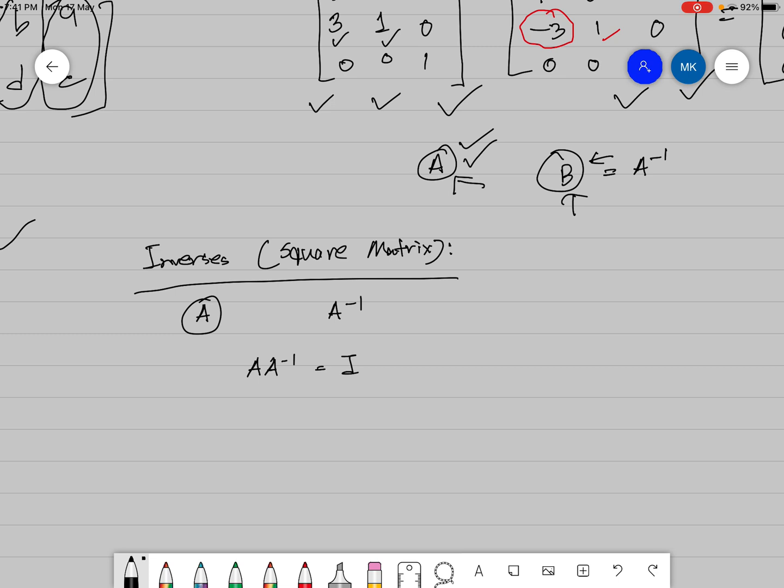That means they undo the operation of each other, and this is also true for A inverse A equals I. So if a matrix has an inverse, you can call it a non-singular matrix or an invertible matrix. But if it doesn't have one, it is called singular or a non-invertible matrix.